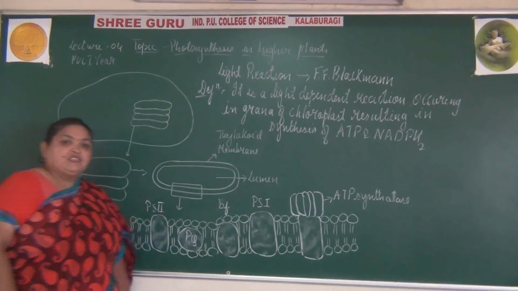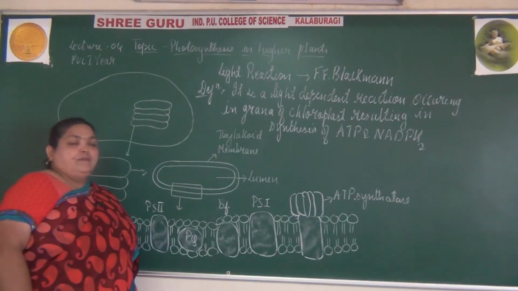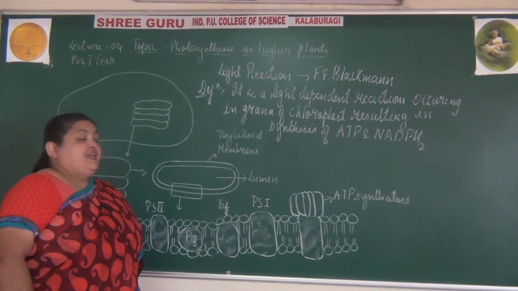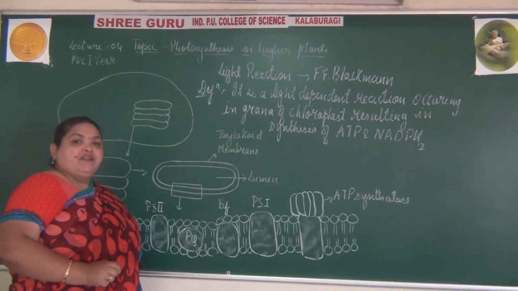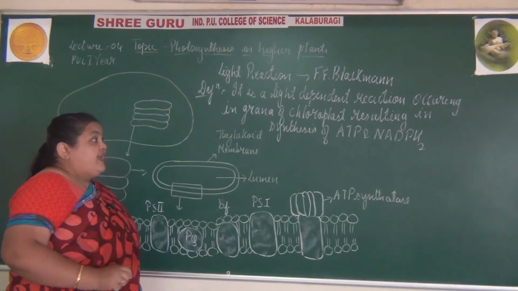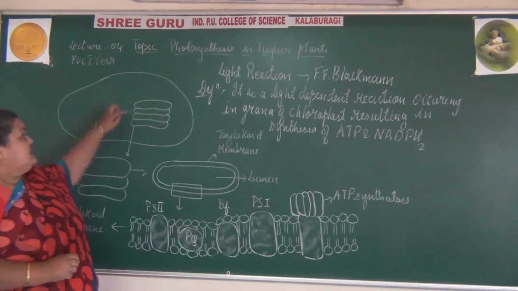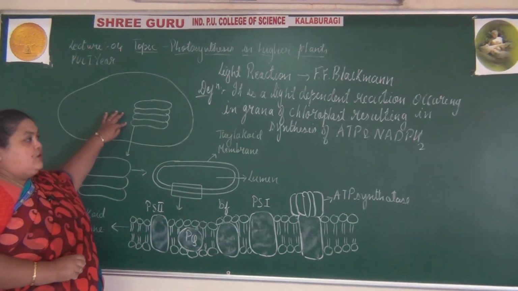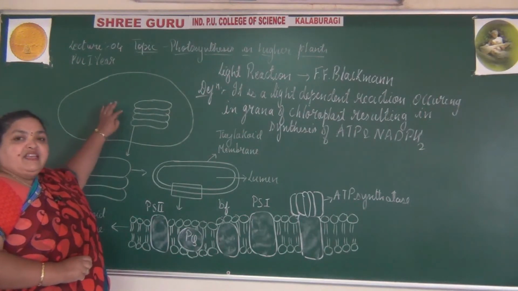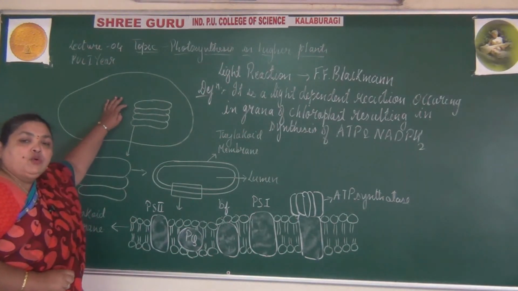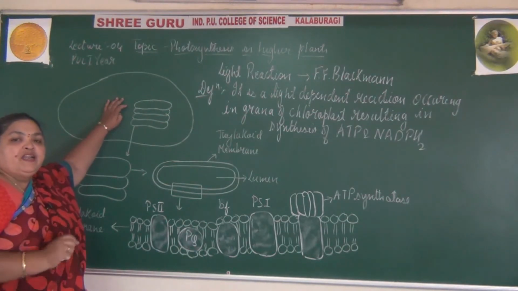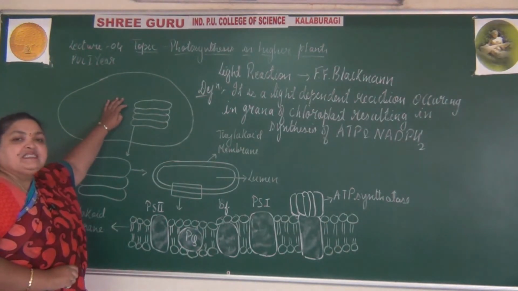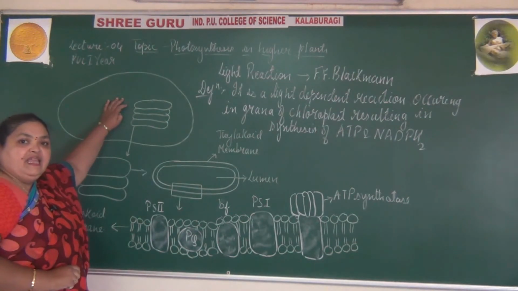So this reaction was studied by Blackman. He stated that it is a light dependent reaction which occurs in the grana of the chloroplast, where there is synthesis of two assimilatory powers, the two important energy components, that is ATP and NADPH.